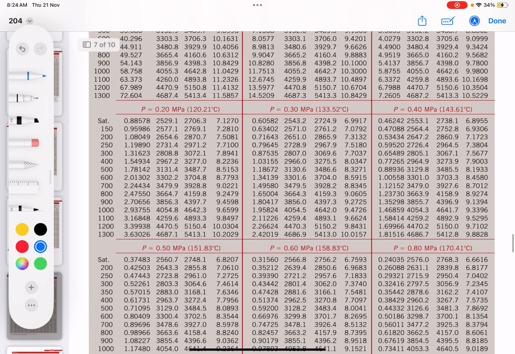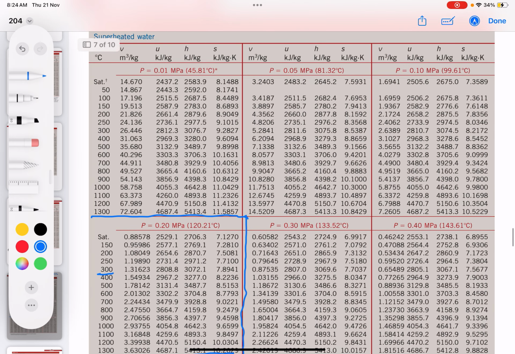Yeah, here. So my state 1 data should be somewhere around this column, and my temperature is 300 degrees Celsius. At 300 degrees Celsius, I want to find the information on U, therefore my U1 equals 2808.8.